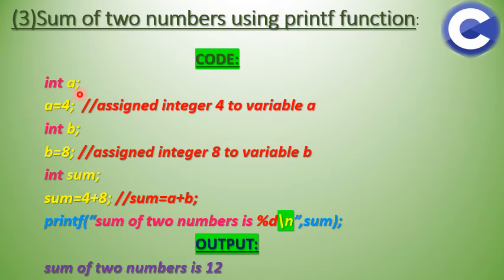Then your semicolon. Now a is equal to 4. Here you have assigned integer 4 to variable a. Your variable, whose name is a, is storing the value 4. These two slashes, I have told you in my previous video, are used for comments. Since I want to explain that I have assigned integer 4 to variable a, I want you to know this, but simultaneously I don't want the code to read this also.